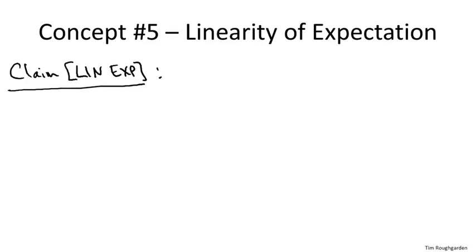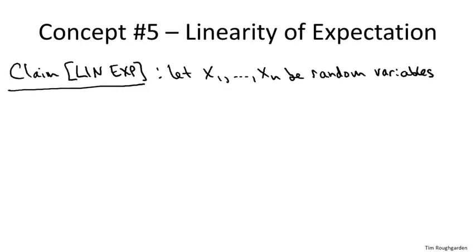So what is linearity of expectation? Well, it's the following very simple claim, which I'll sometimes denote just by lin(x) for short. Suppose you have a bunch of random variables defined on the same sample space. Then, if you want to think of the expected value of the sum of these random variables, it doesn't matter if you take the sum first and then take the expectation, or if you take expectations first and then sum.